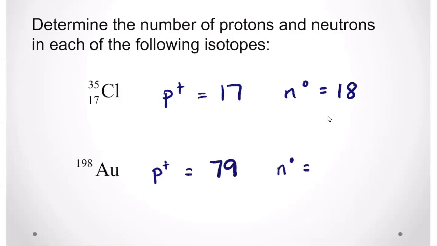So remember, that's not always written, but if it was written, it would be right there. That's the atomic number. And then you would subtract 79 from 198 to get 119, which is your number of neutrons.